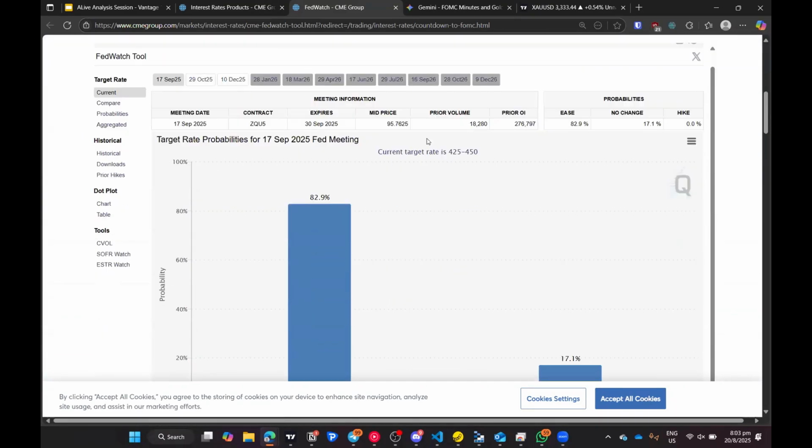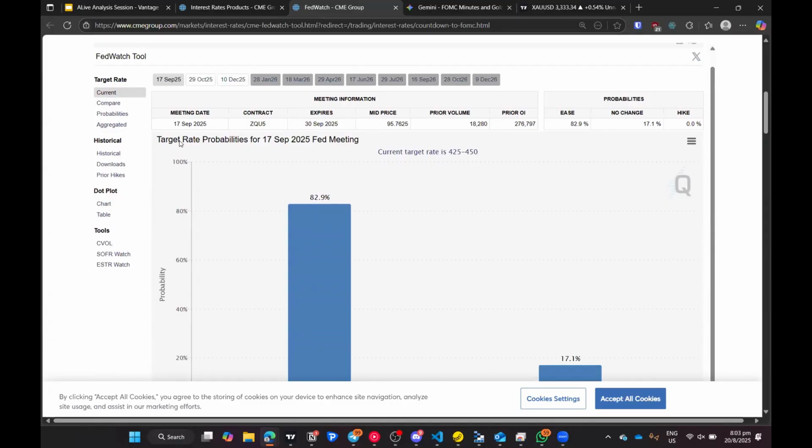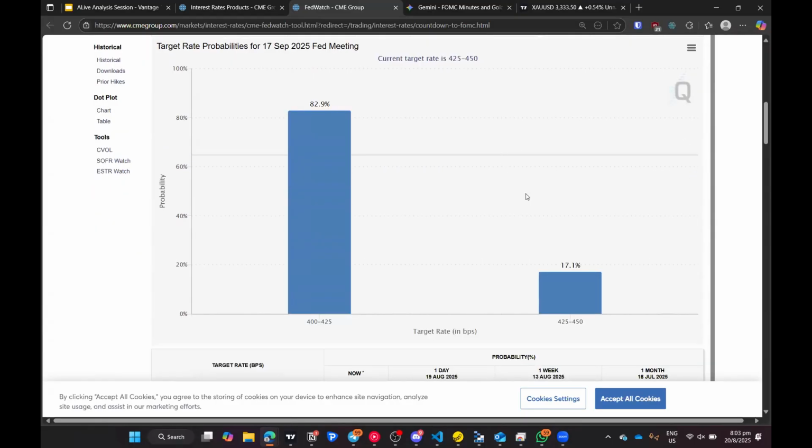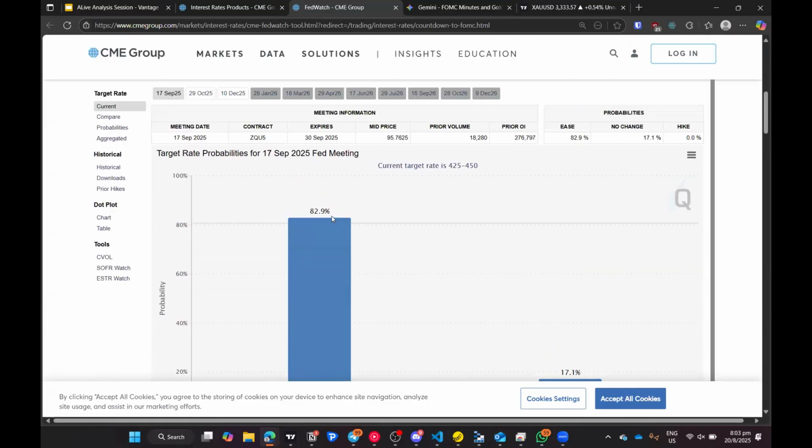For the next 11 sessions, the next 11 adjustments of your interest rates, it's all shown here, and the probabilities are basically a consensus amongst the top 18 financial institutions in the US and what they think the target rate is going to be.